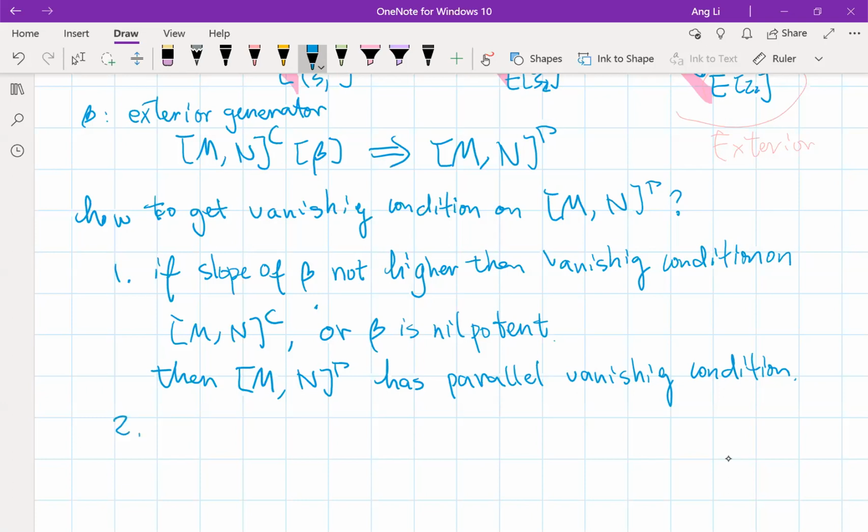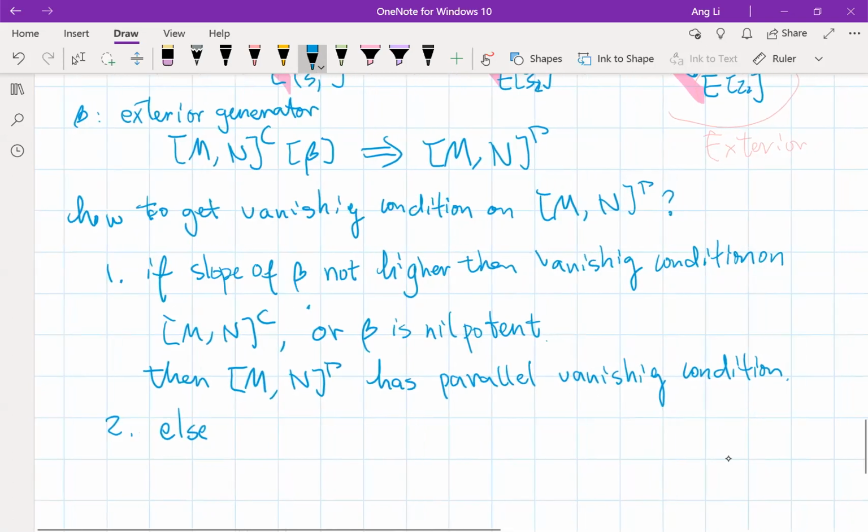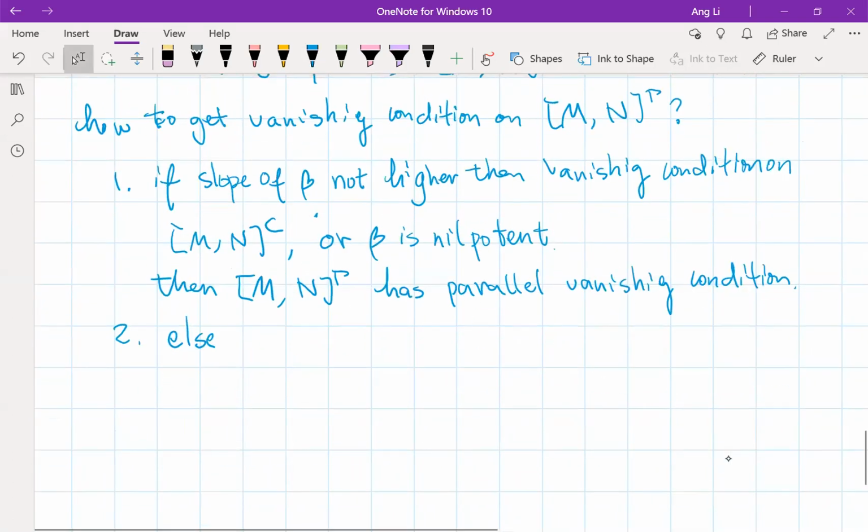And then if it's the other case, namely beta is not nilpotent and it's also poking out of the original vanishing condition, then we need to make some modification about the slope. Well, an easy thing is you can choose the slope of beta.